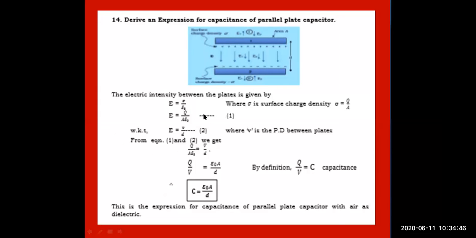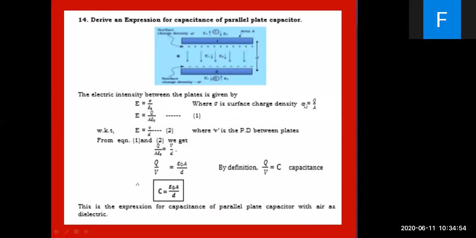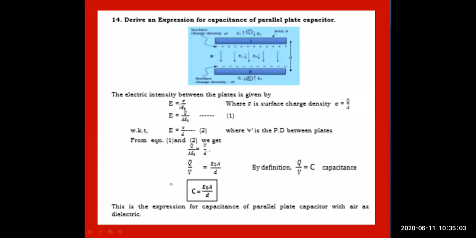So the first formula we did, E equals sigma divided by epsilon naught. Now sigma value we have Q divided by A, so substitute that here. Observe carefully. E equals, in place of sigma, you have to write Q divided by A. Along with that, in the denominator, you have epsilon naught.